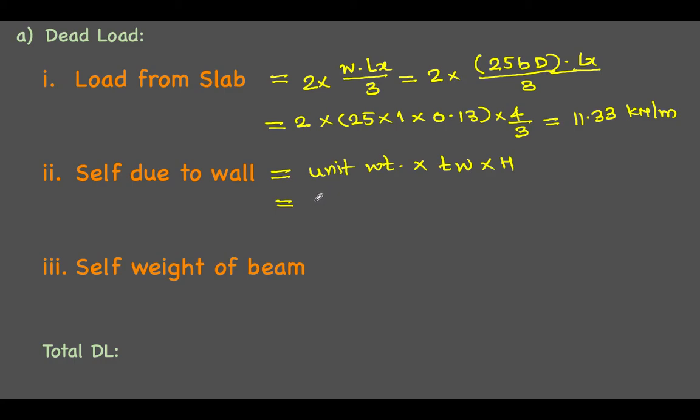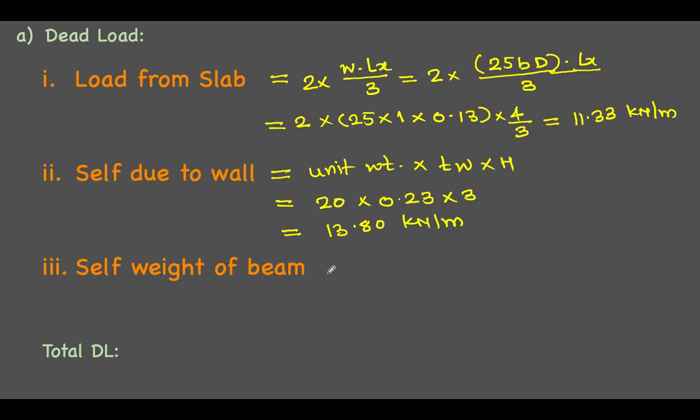So we will be considering 20 kilonewton per meter cube into thickness of wall 230 mm, converting it into meter, 0.23, into height as 3 meter. So this is what we will be getting, again as 13.80 kilonewton per running meter. Per running meter means it is per running meter span of beam. Remember what is per running meter span of beam.